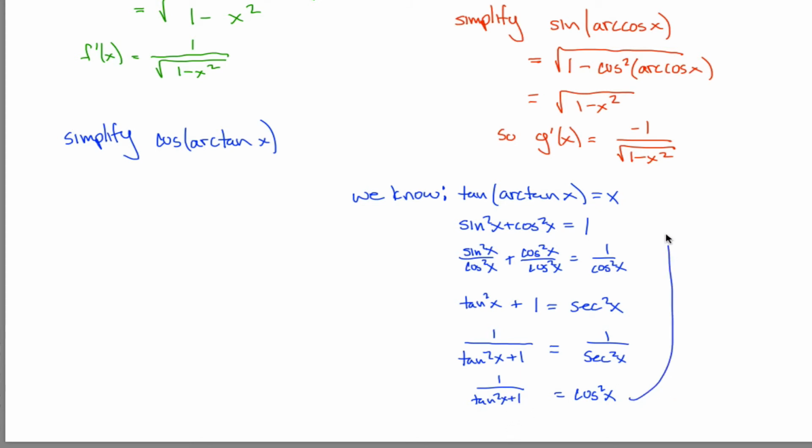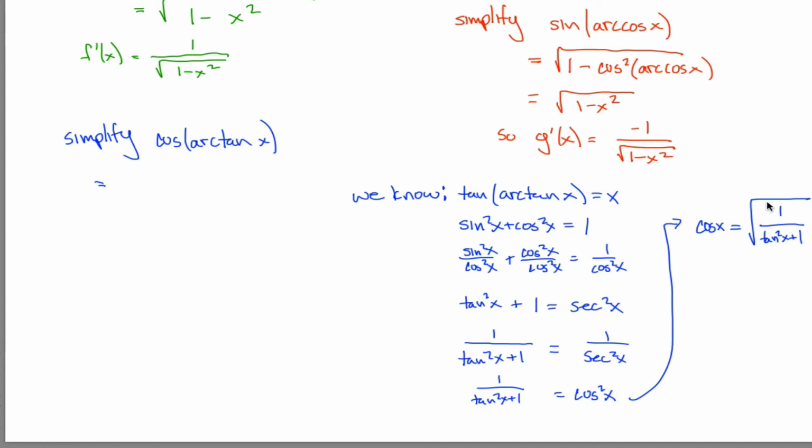So therefore, cosine of x is equal to the square root of, how about this? Yeah, I'll write the whole thing. The square root of 1 over the tangent squared x plus 1. So I can take that fact and rewrite this. Instead of the cosine of x, I have the cosine of arctangent of x.